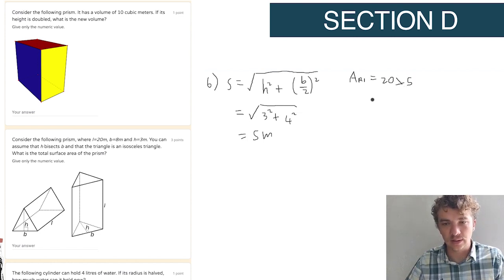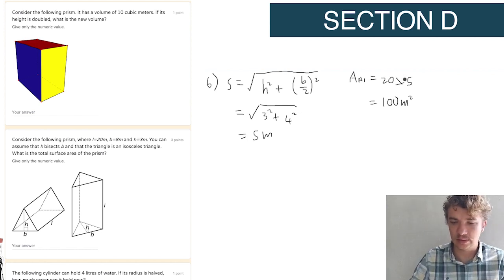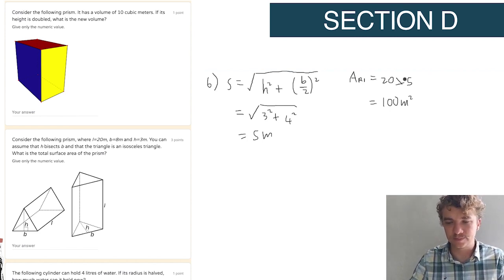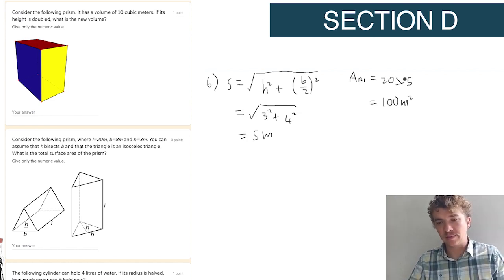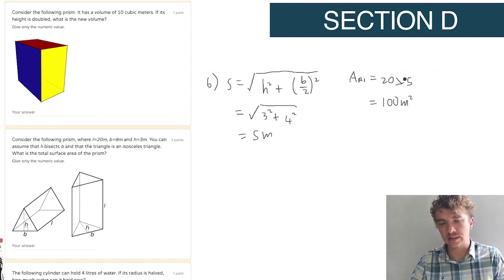So the area of rectangle 1 is equal to 100 square meters. Okay, and then if you look at the second rectangle, it also has the breadth, which is the one side of the isosceles triangle. Because it's an isosceles triangle, we know it's exactly the same measurement, so this is just a duplicate of the other rectangle. So we know that the area of rectangle 2 is also equal to 100 square meters.